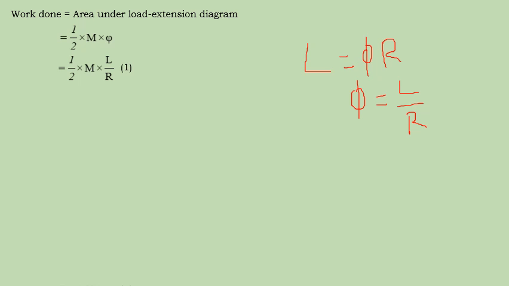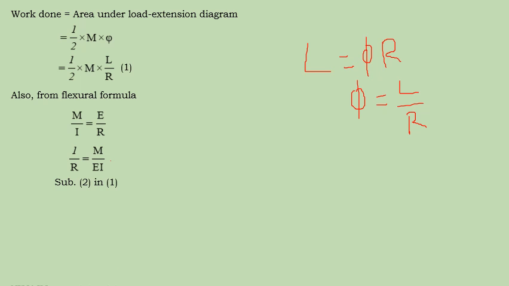So let us call this equation number 1. From the flexural formula or bending equation, M by I is equal to E by R. This we have derived in module 1, that is the bending equation. M by I is equal to E by R, therefore 1 by R can be written as M by EI.